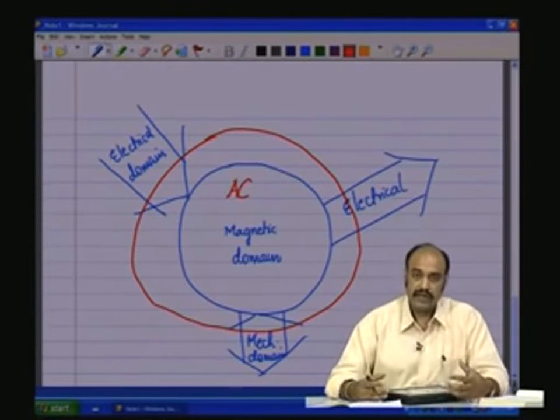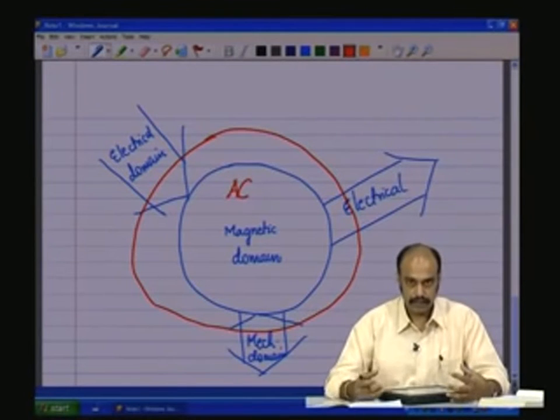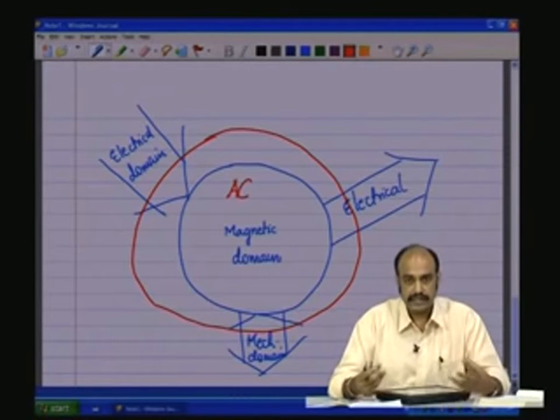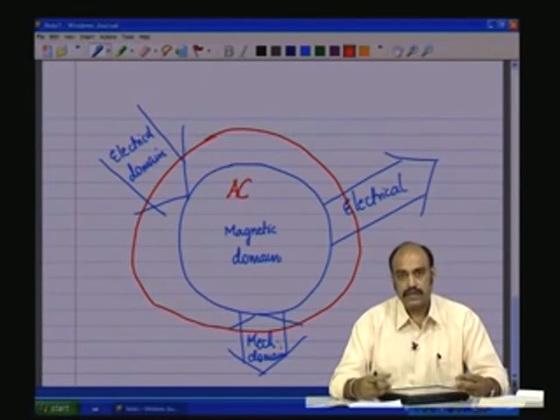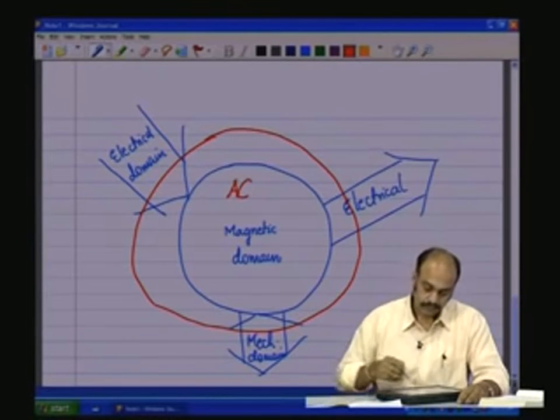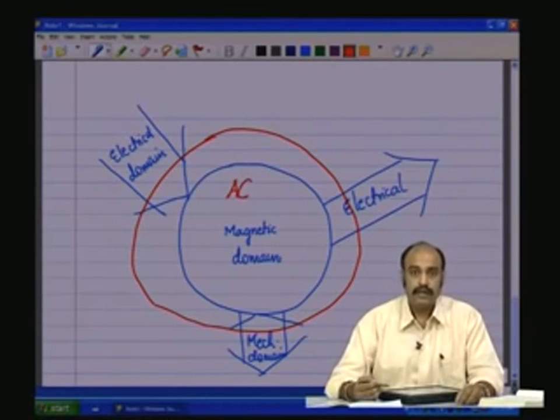So, before we try to understand the electrical equipments which fall into these categories, like the induction motor, the synchronous motor and generators, 3-phase transformers, they all fall into the category of this multi-domain principle.